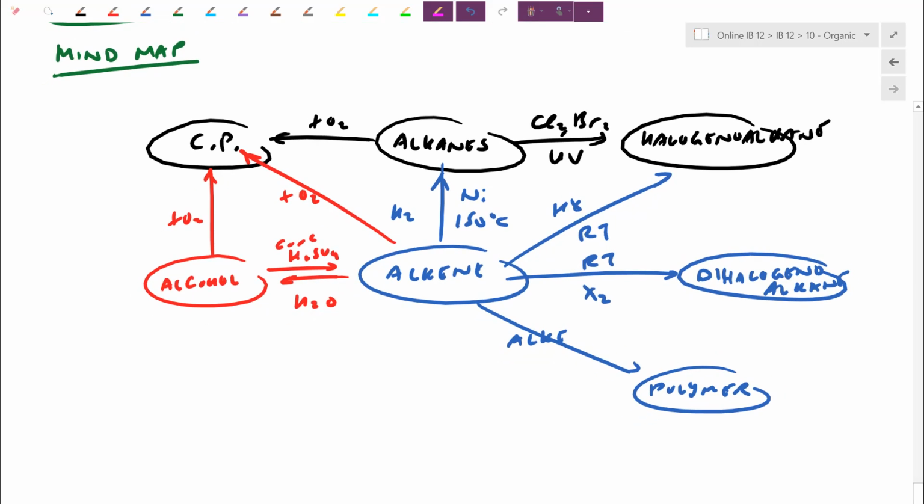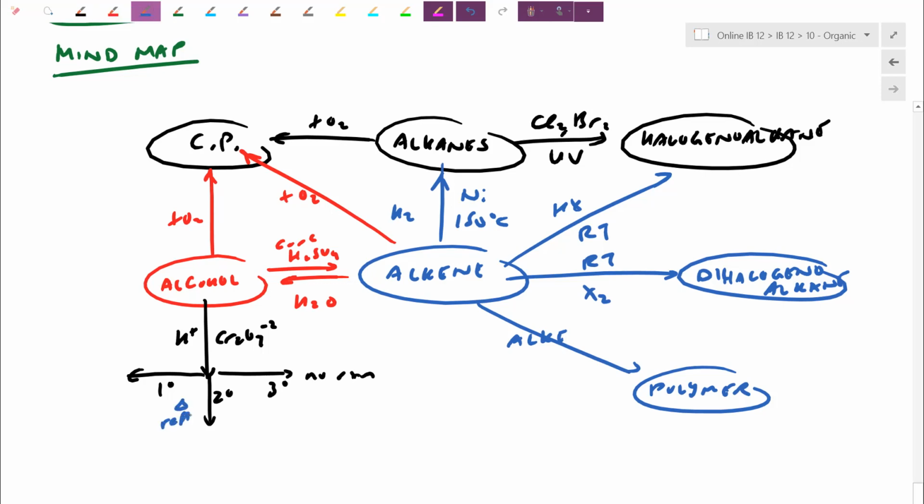Alcohols, depending on their primary, secondary, tertiary category, we're going to use acidified dichromate here, Cr2O7, like this. First degree, second degree, third degree. They always test you on third degree here: no reaction. I can't break apart the structure. Second degree here, we can oxidize it. So that's going to be using heat and reflux.